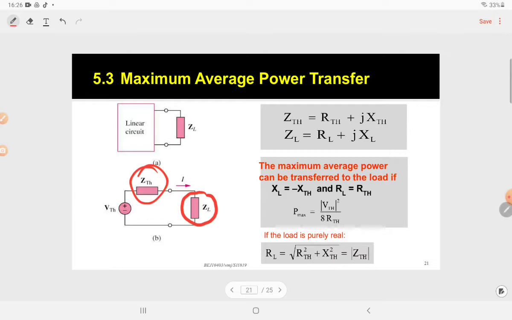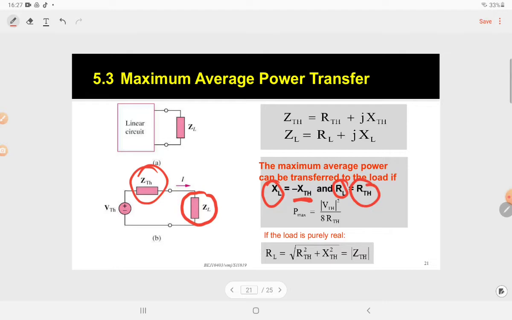But in an AC circuit, to get the maximum average power that can be transferred to the load, the reactance value of the load must be equal to the negative of the Thevenin reactance, and the resistance value of the load must be equal to the resistance value of Thevenin.